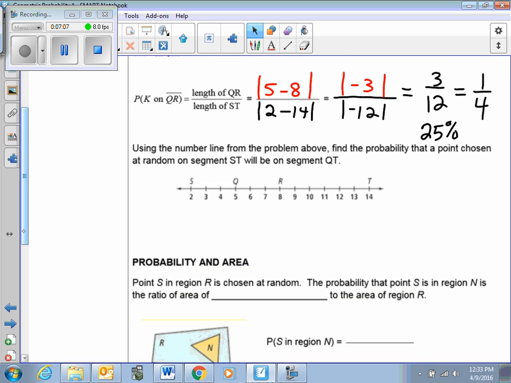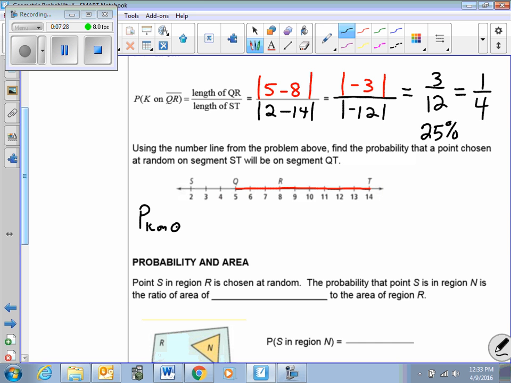All right, let's do another. Find the probability that a point chosen at random on ST will be on QT. All right, well, I'm going to highlight my favorable outcome length right here. So the probability that this point K will be on QT is the length of QT. So what is that? It's 5 minus 14 over the length of ST, 2 minus 14.